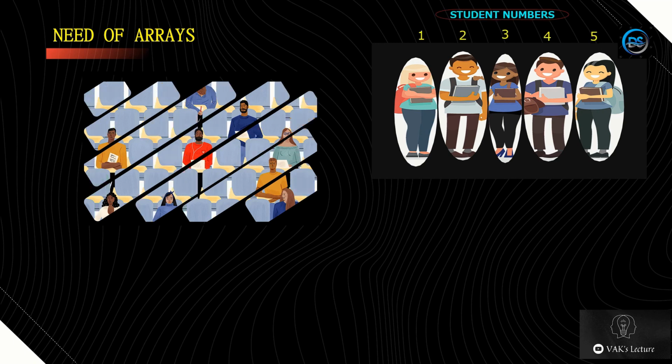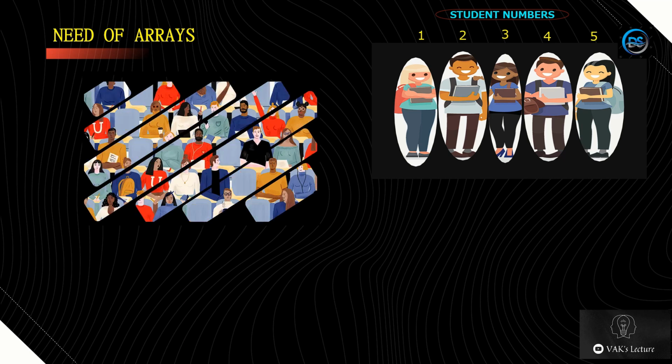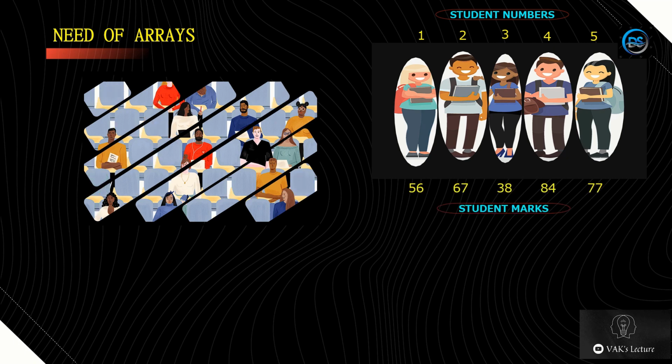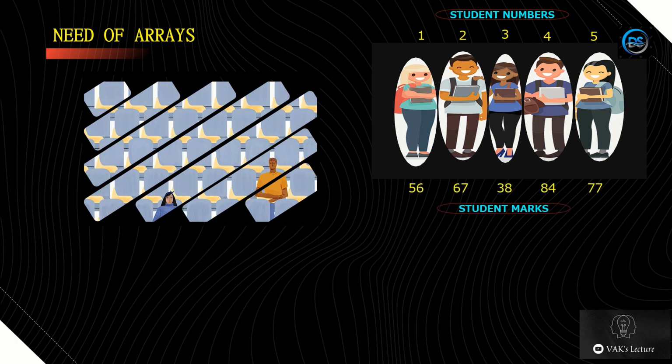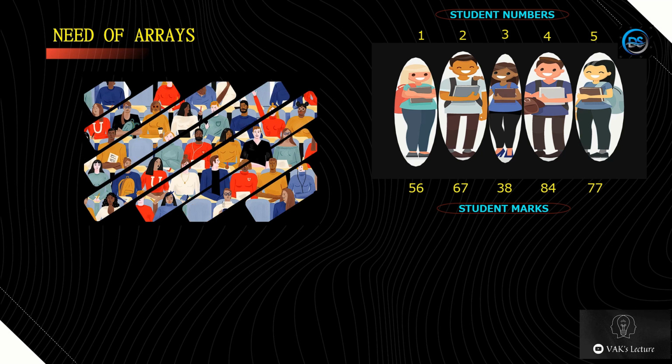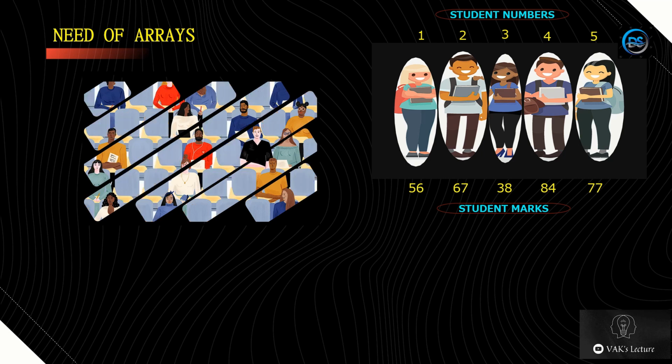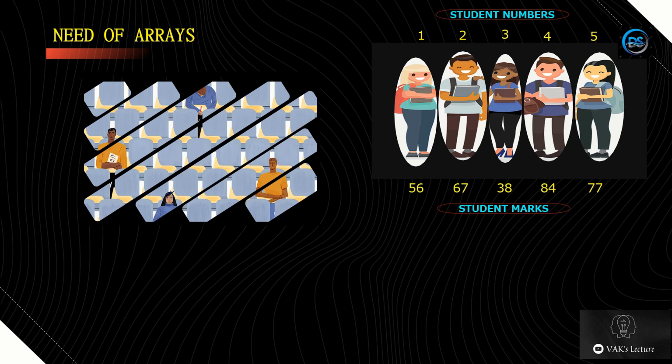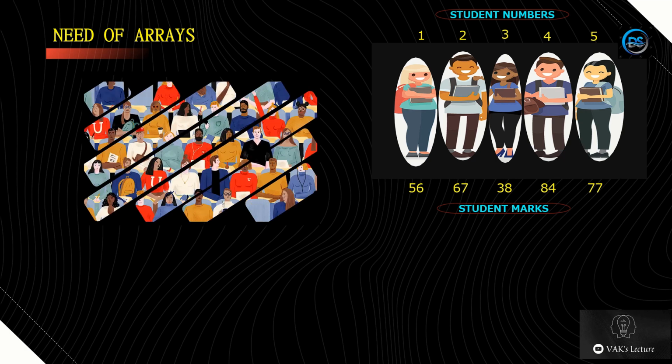Here you can see that we have student number 1, student number 2, 3, 4 and then student number 5 and also their individual scores. Here first score is assigned to student number 1 and second score is assigned to student number 2 and so on. But in real time it might be a little clumsy.